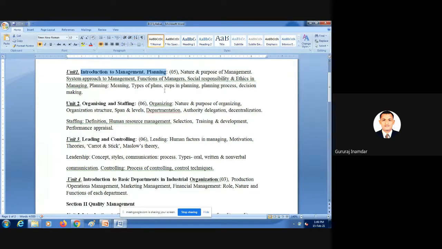Next, the systems approach to management. Now, what is the systems approach? It is the supportive systems or supportive factors for that management. Suppose we have to start one industry. A very essential factor is finance.